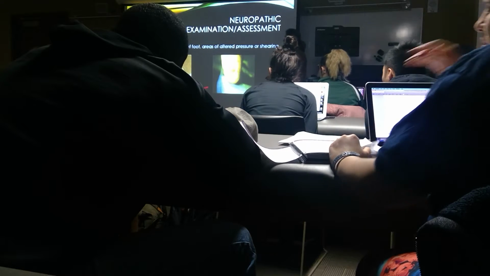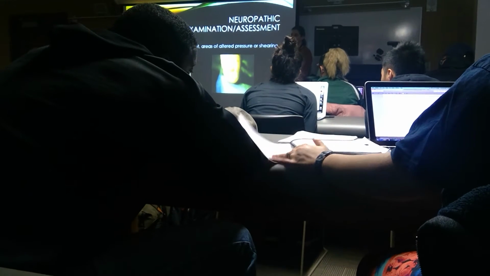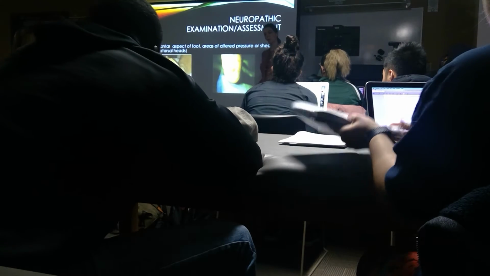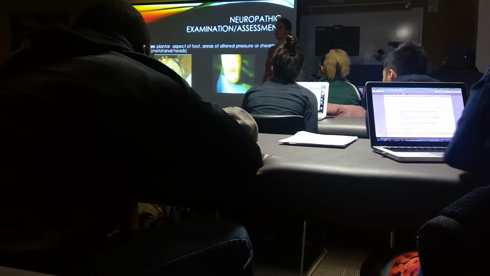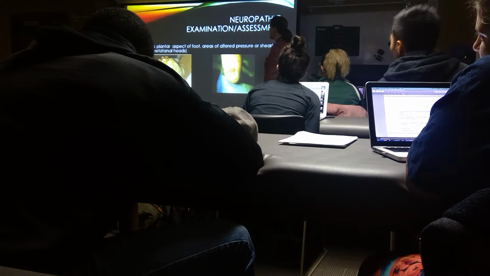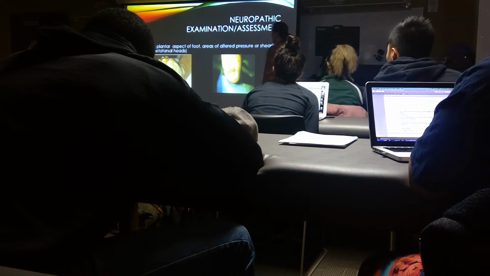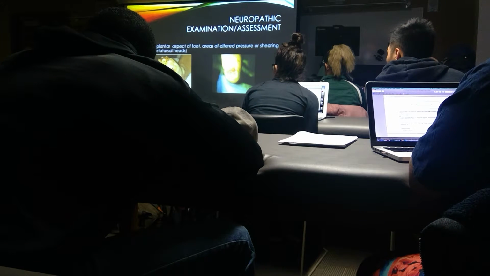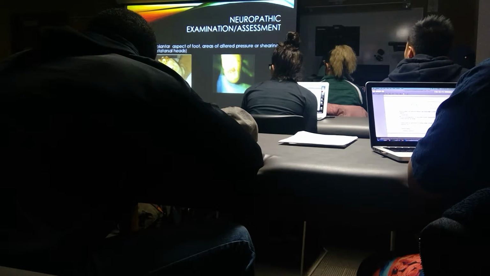So these are two feet that you're looking at. These are feet with peripheral neuropathy, and the etiology is neuropathic. That's correct. So they have ulcerations because of the diabetes.